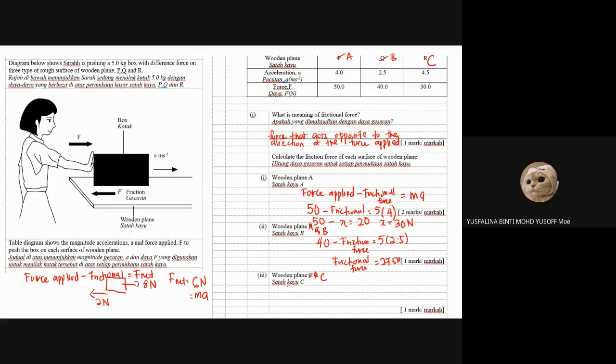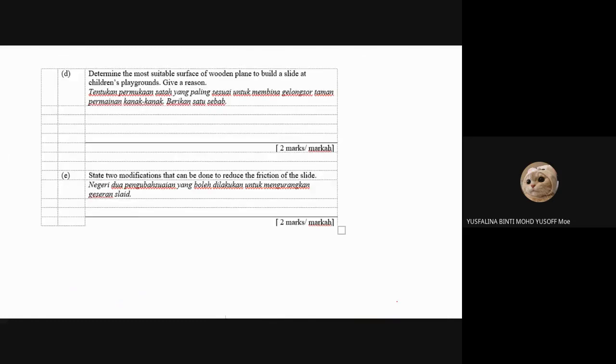So 30 minus frictional force is equal to 4.5 times 5, right? So you will get frictional force is 7.5. Good. So this is how you answer the calculation question. We move on to the next one.